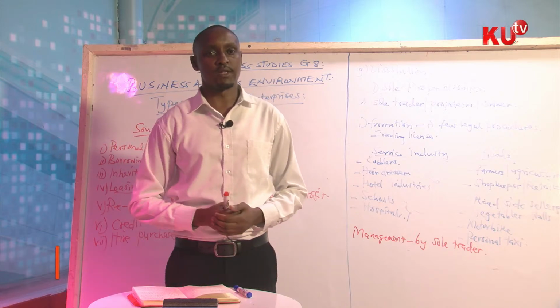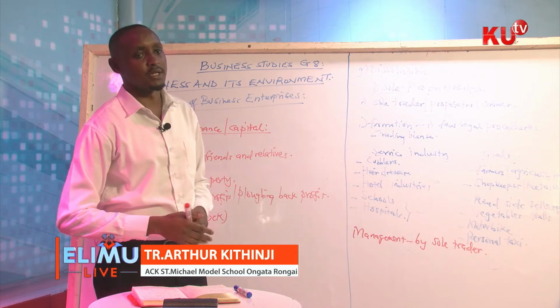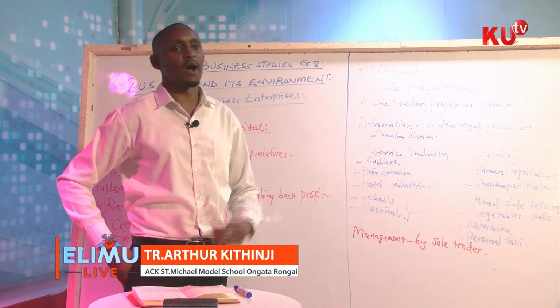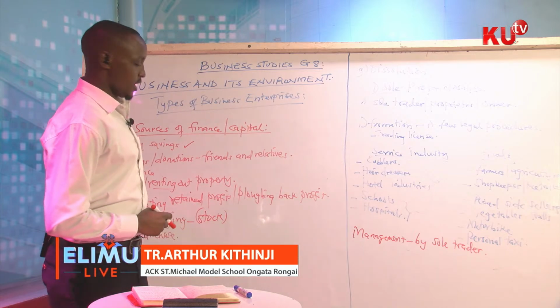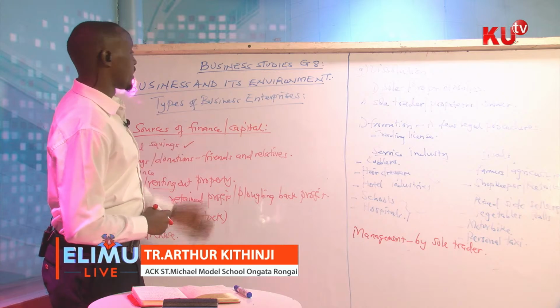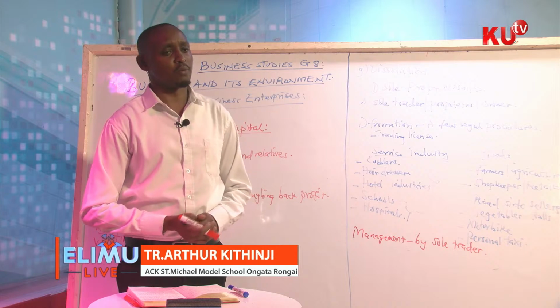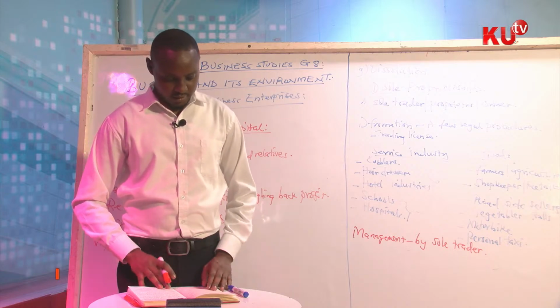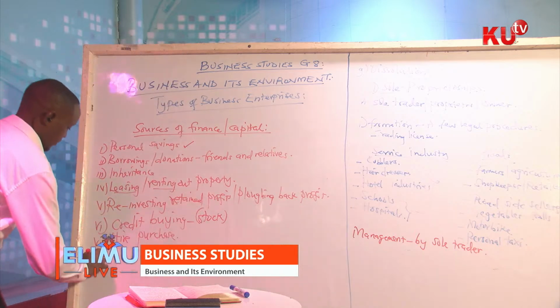These small installments, you can pay maybe monthly or weekly, depending on the agreement between you and the supplier of the goods and services. So hire purchase in this case becomes another source of finance or capital for a sole proprietorship.